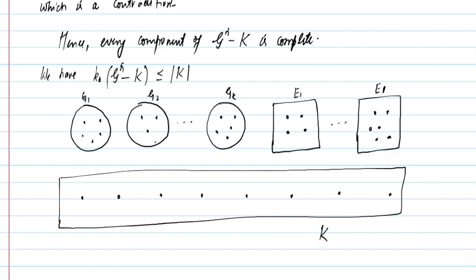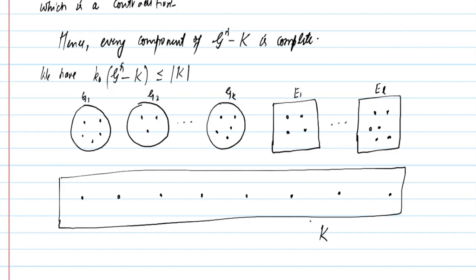As per our construction, the number of odd components is less than or equal to the number of vertices in K. And second, all these components G1, G2, Gk and E1, E2, EL are complete subgraphs, the complete components of G star minus K.